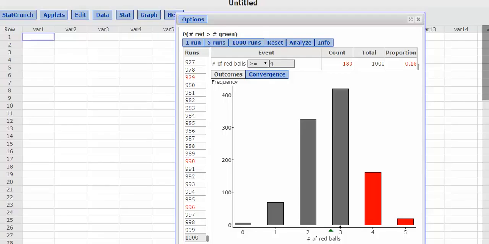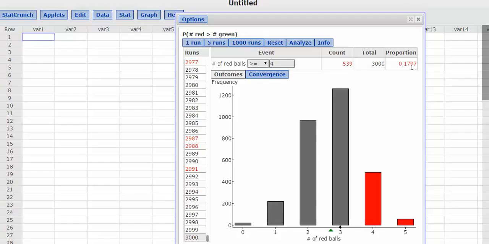Now, as I said, we can get better approximations by increasing the sample size. We can do that by doing another 1,000 runs. So let's do that. StatCrunch adds that to the previous 1,000, and now the proportion is 0.1825. Do it again, and now it's 0.797.